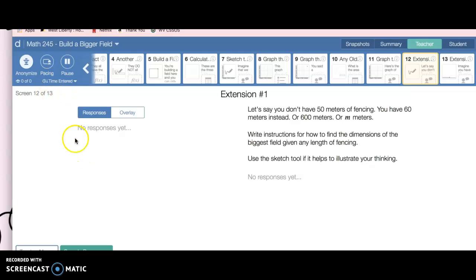I would not put the pacing amount on that. I would let them work on those two questions at their own speed as long as they get them finished. That's all that matters. It's just them generalizing their ideas beyond the one particular example that we went over.